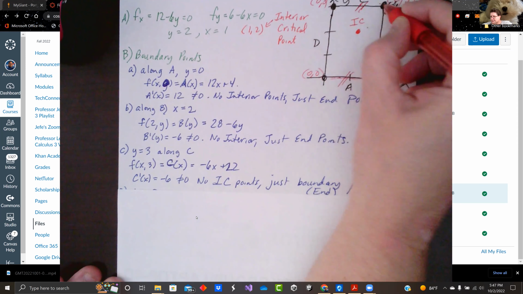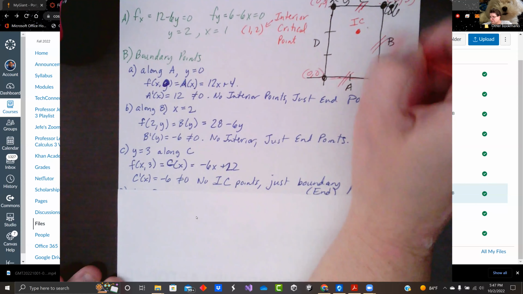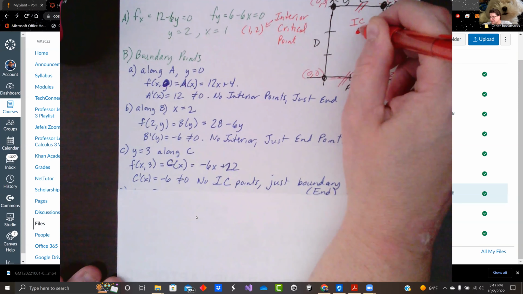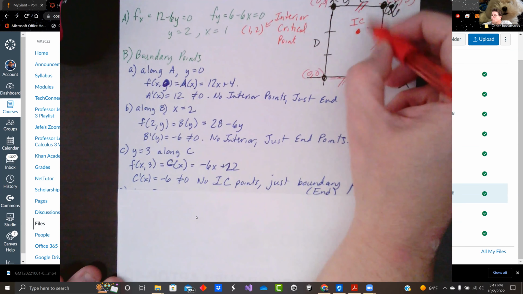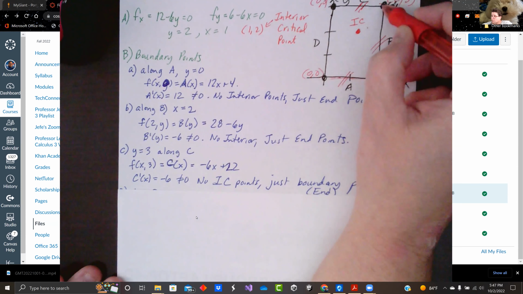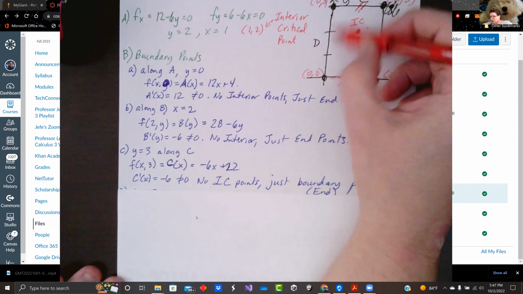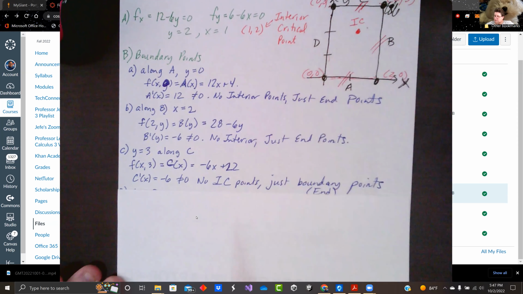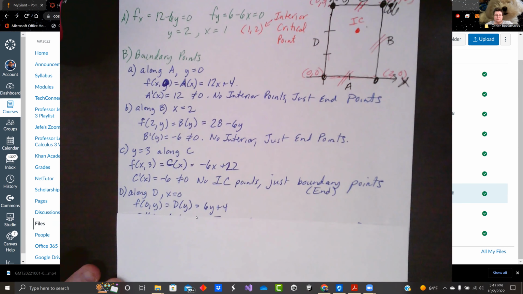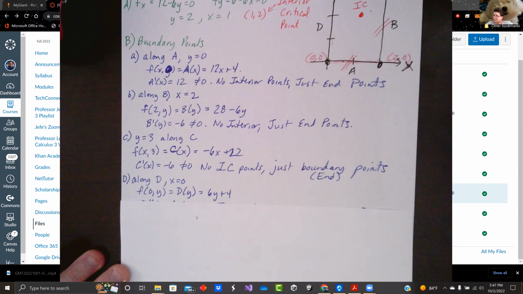Again, only the endpoints. So far we have one interior critical point, and we've got 4 boundary points that we can check. Let's see if there's somewhere along line D that we can check also. Along D, x equals 0, and our equation becomes a function of y, 6y plus 4, when we zero out the x's.